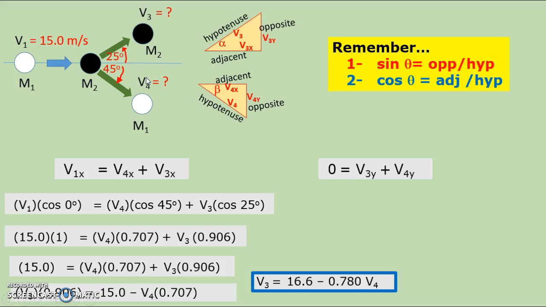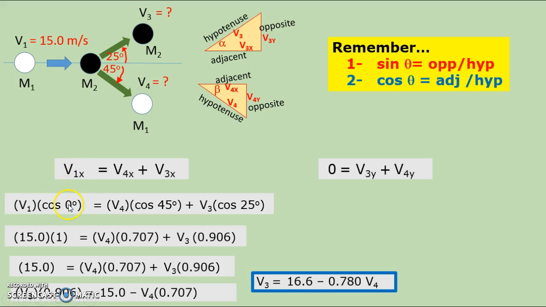When I start populating these, the velocity of the cue ball is going to equal the x part of this and the x part of that. Again, we're decomposing this to the x part of V1.